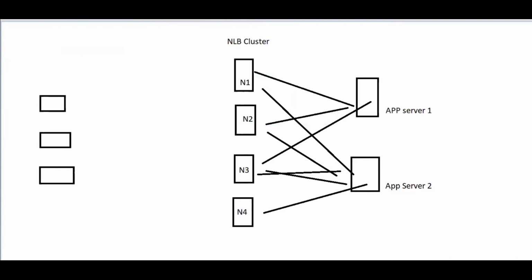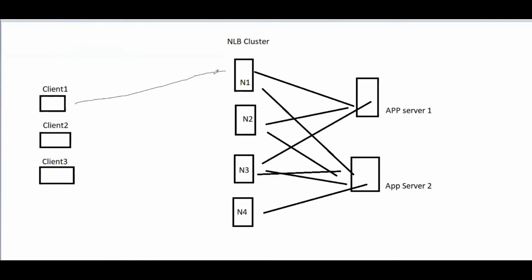So NLB is network load balancer, right? Yes, network load balancer, correct. Okay, thank you. Let's say this is client 1, client 2, client 3, like that. Each client tries to access one application.